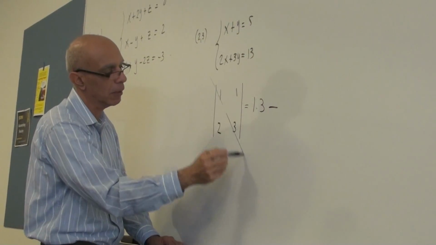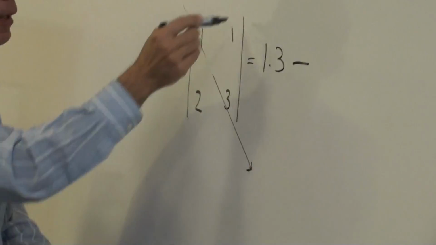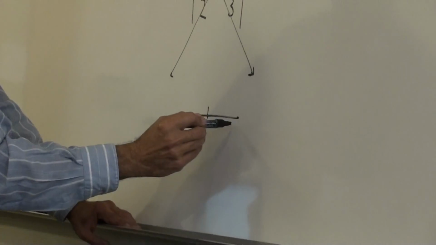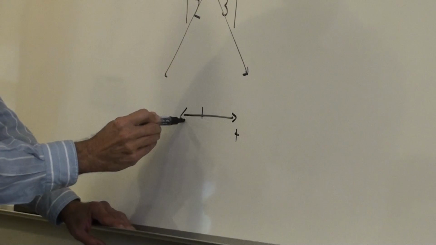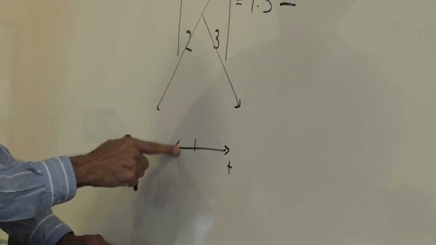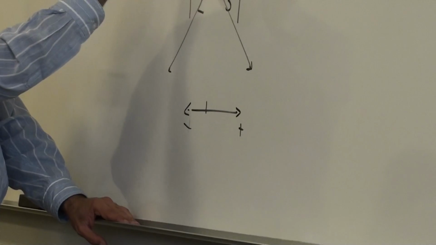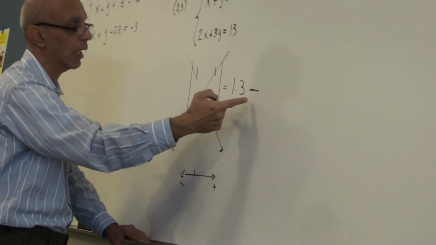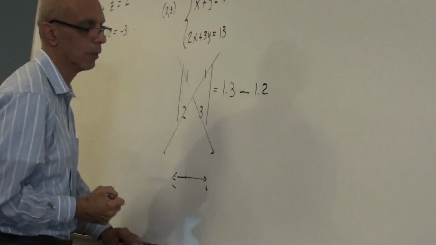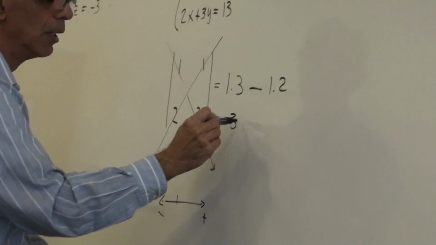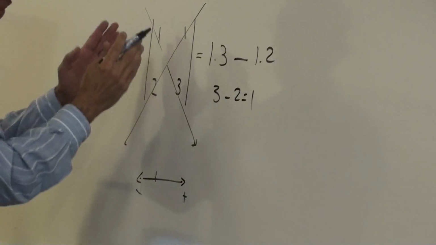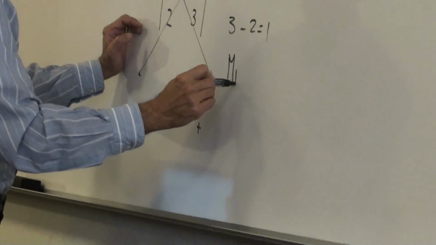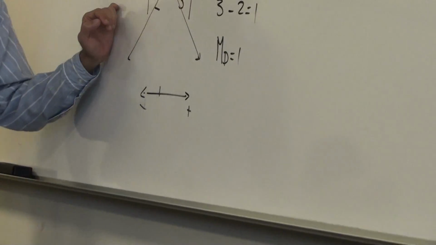So this diagonal is going that way, this diagonal is coming this way. So if you remember the number line, this is the positive, this is the negative, right? So this diagonal is positive, this diagonal is negative. That's why I have a negative sign here. And it's going to be 1 times 2. So here it's going to be 3 minus 2 is equal to 1. So the main matrix determinant is 1. Okay?